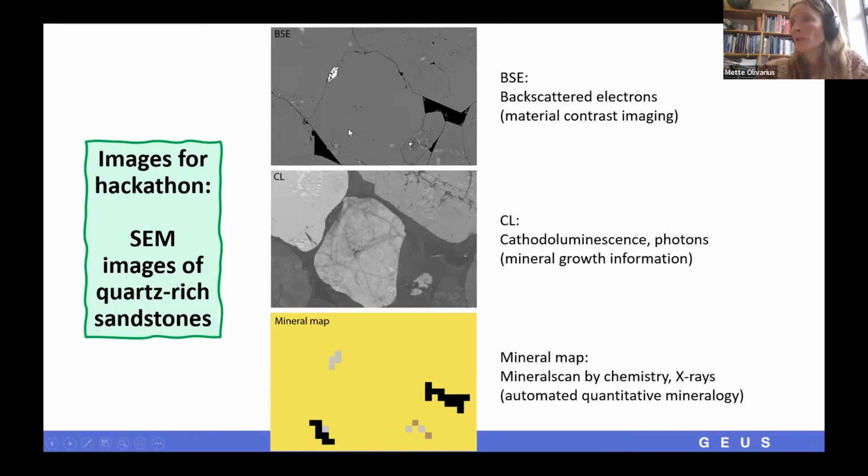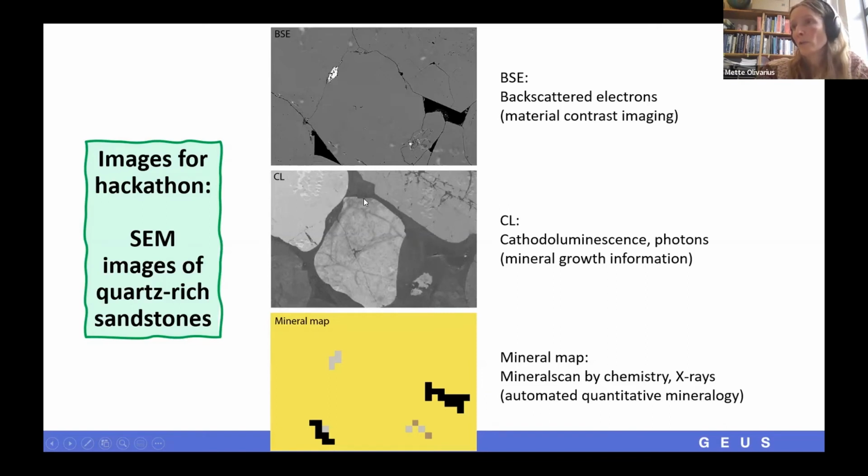So what you can see here are the sand grains with their overgrowth, and you cannot really see where is the grain and where is the overgrowth, but you can see where the porosity is. So there's still some open pores here. Whereas when you look at the CL, it shows the mineral growth information.